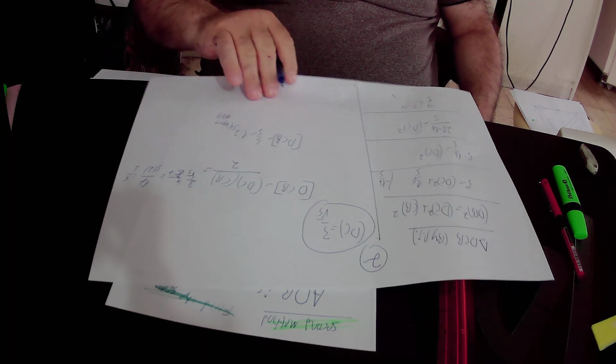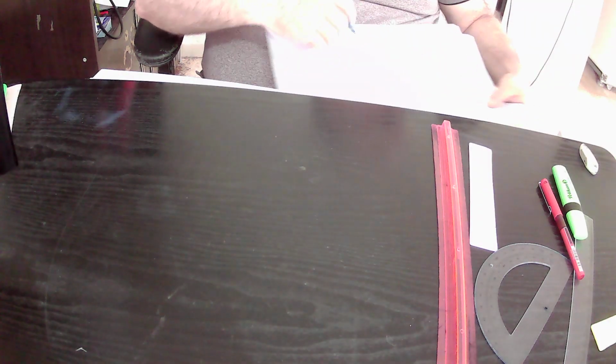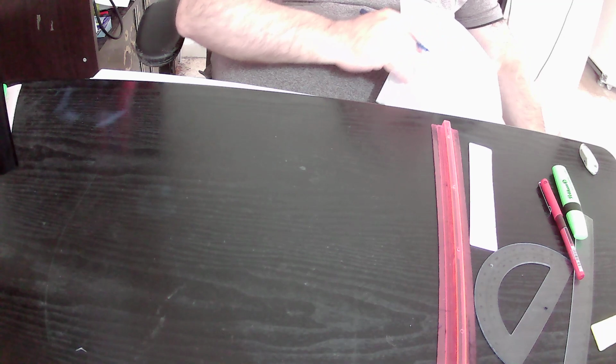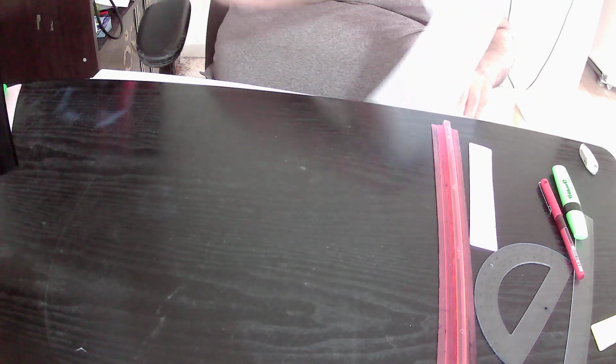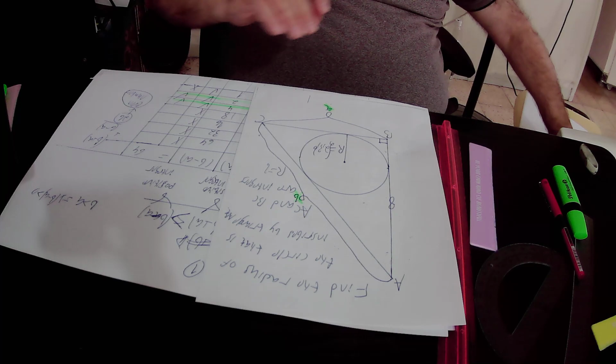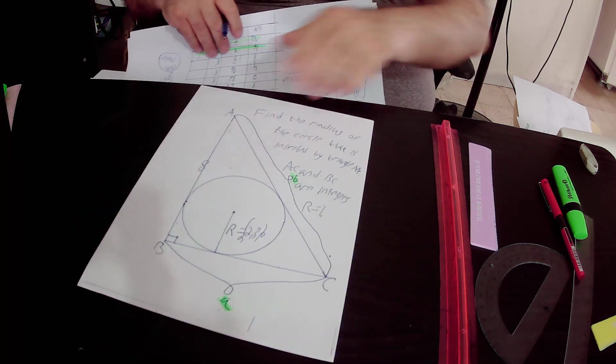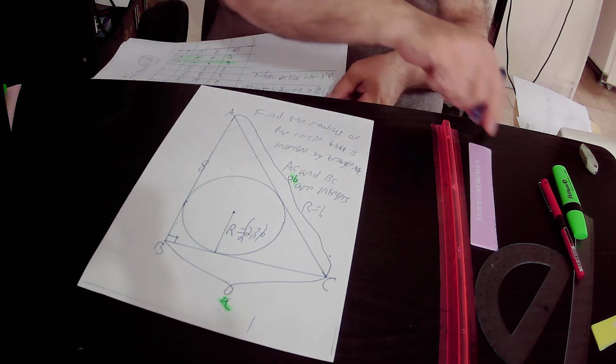We'll start with the first question. So in the drawing, we have the right triangle ABC.